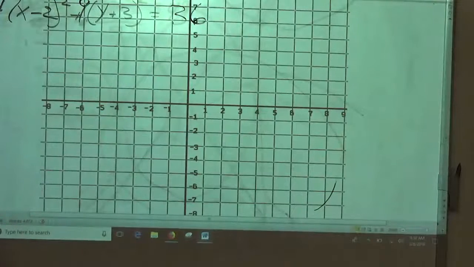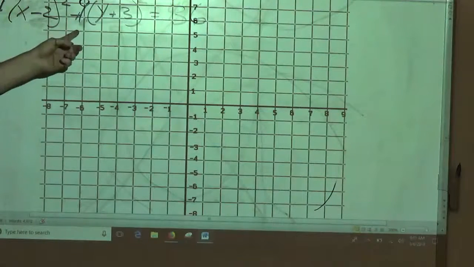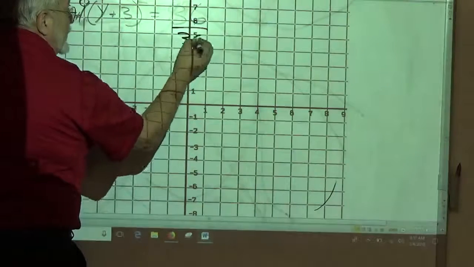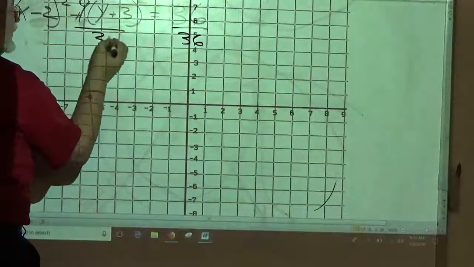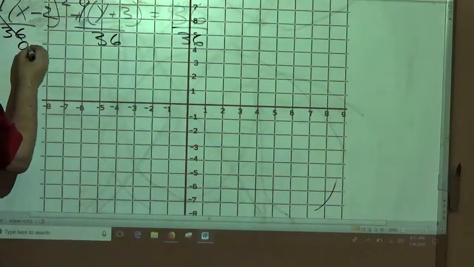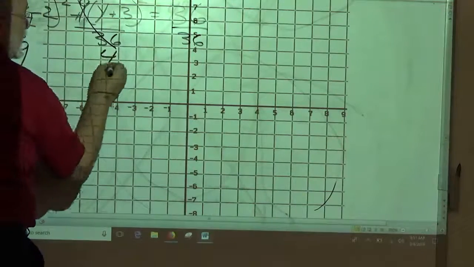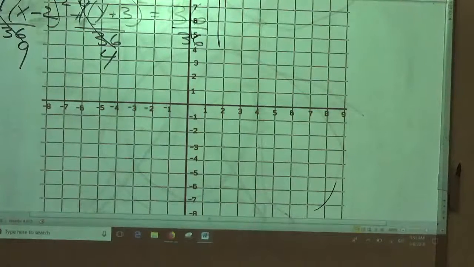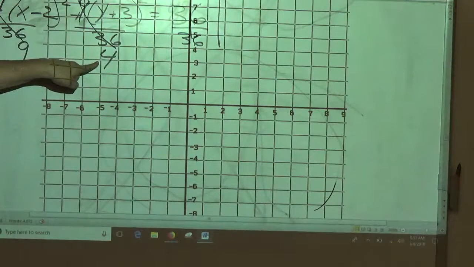Now here's the difference: are these two the same, the coefficients? No. So what I end up doing is dividing by 36. When I divide this by 36 and this by 36, this becomes 9, and this becomes 4, and this becomes 1. And so my x value is going to be the square root of this, which is 3, and my y value will be the square root of this, which is 2.